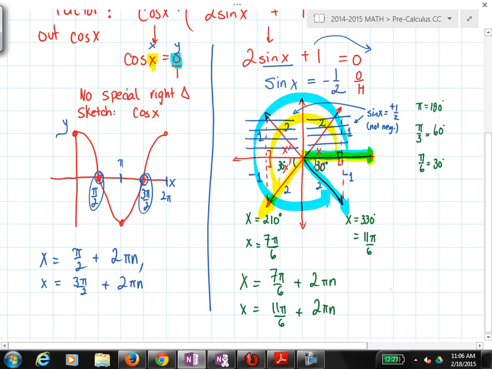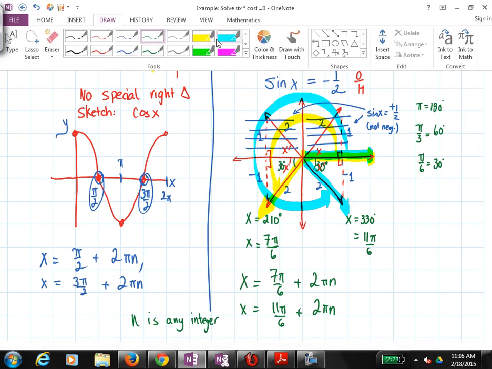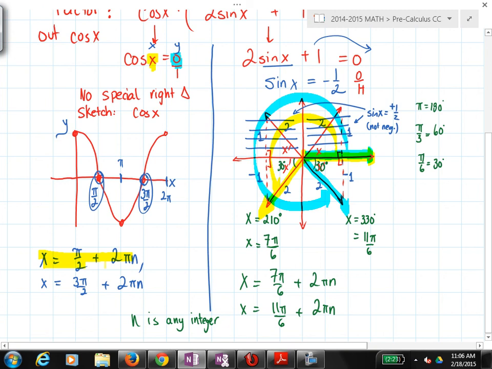I need to indicate somewhere that n is any integer, which I forgot to mention over here. So my answer would be this, this, this, and this.